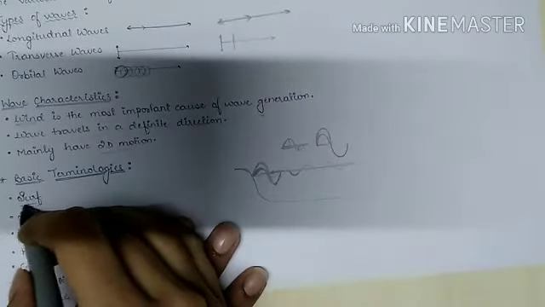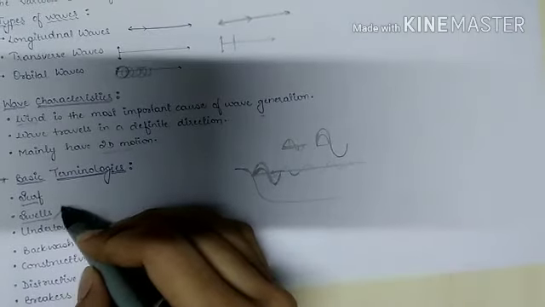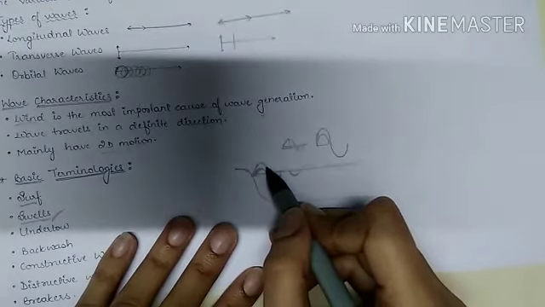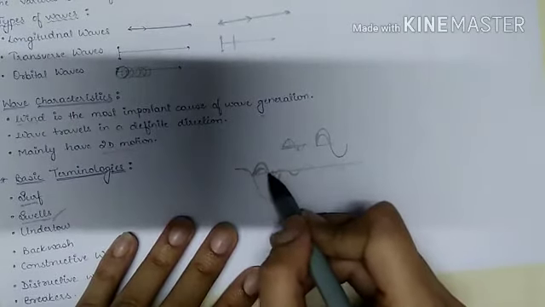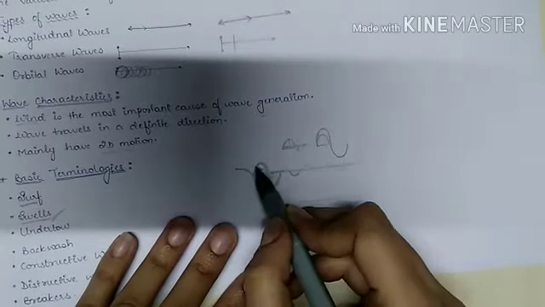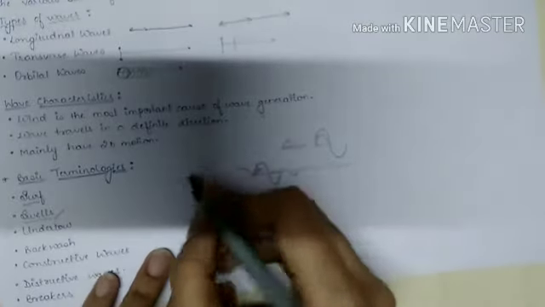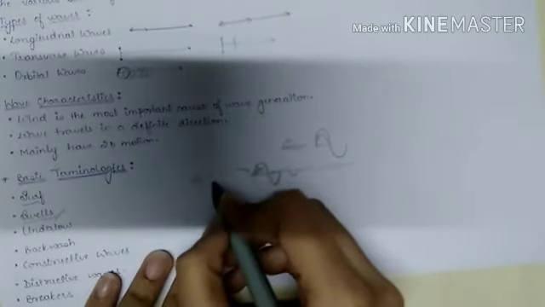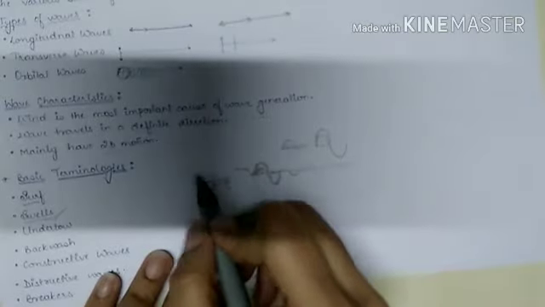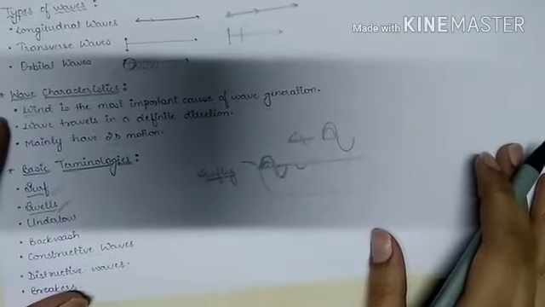Surf is the same as a swell, or simple water wave, but having higher intensity. When we have surfs at the coastline, there is a game known as surfing, and this game is played when we have surfs.